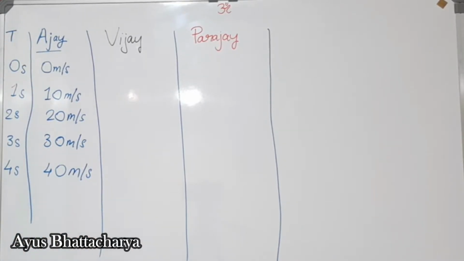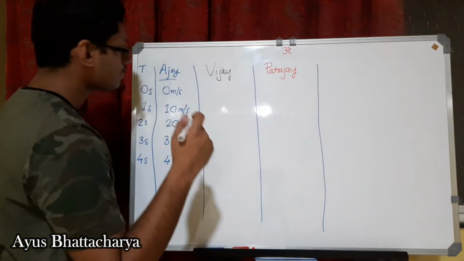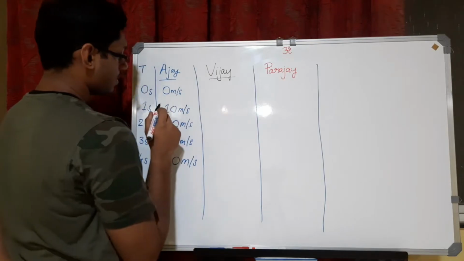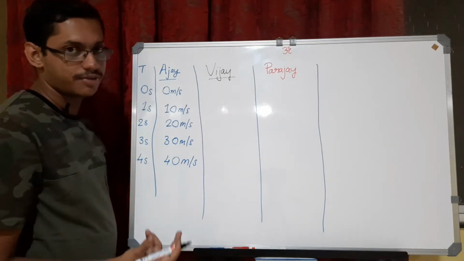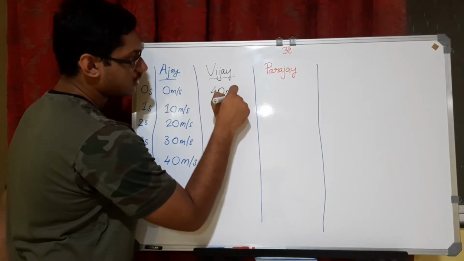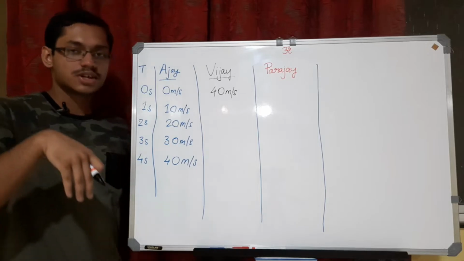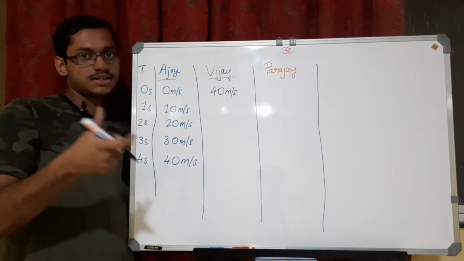Now let's see Vijay's change in velocity. He was already driving at 40 meter per second. So at the 0th second, he was driving at 40 meter per second, and suddenly we took the timer and started it.